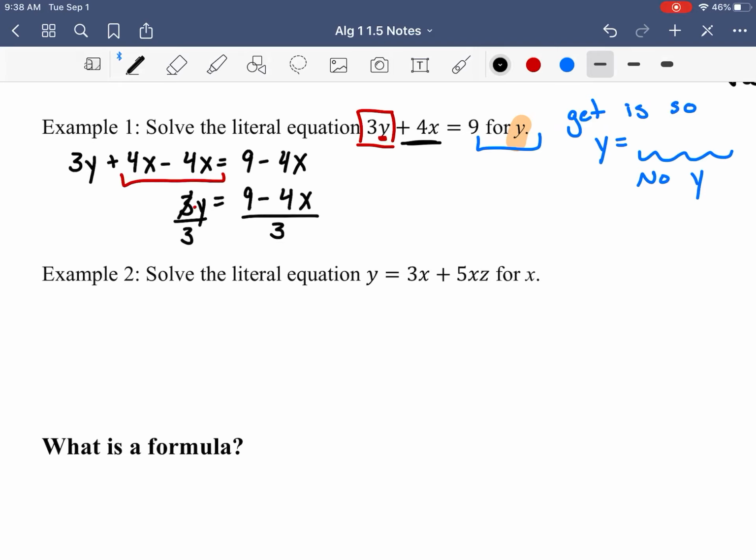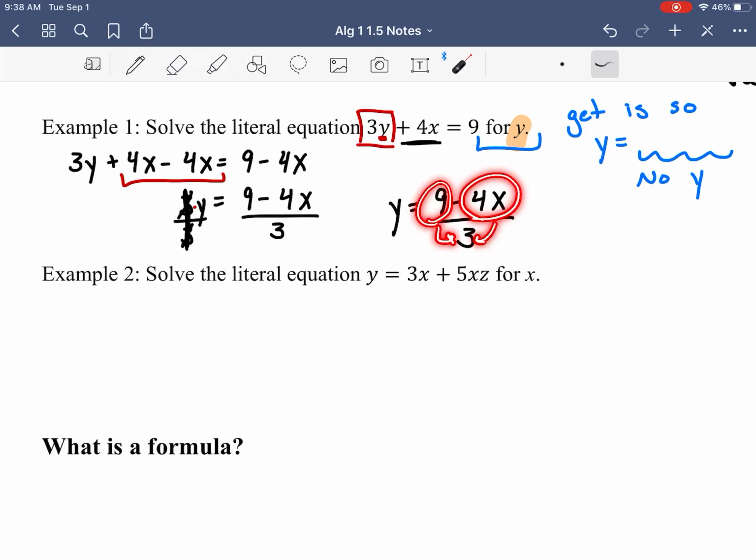This 3 divided by 3 gives me a 1, so I'm left with 1y equals, now on this side, I'm going to just leave that as is, 9 minus 4x, and put that all over 3. So this all over 3 means both this guy and this guy are divided by that 3. But for simplicity, we write it as one big long division bar divided by 3. So we solved that for y.